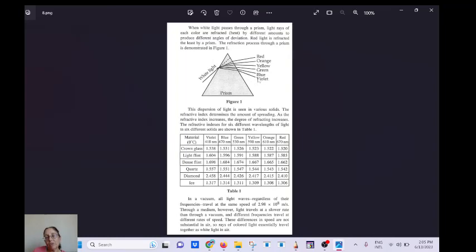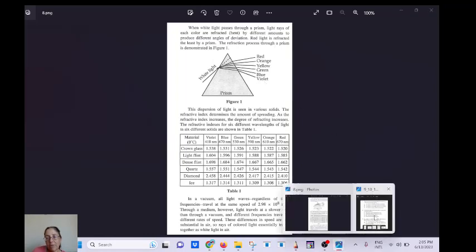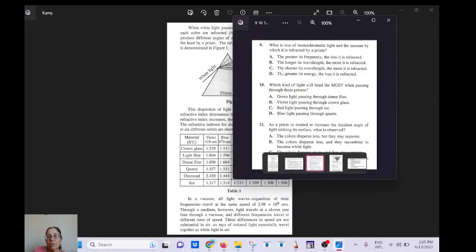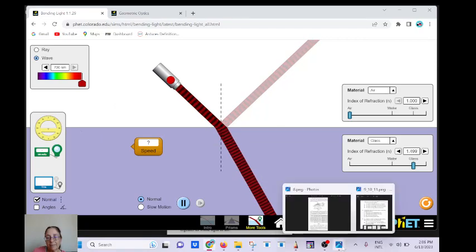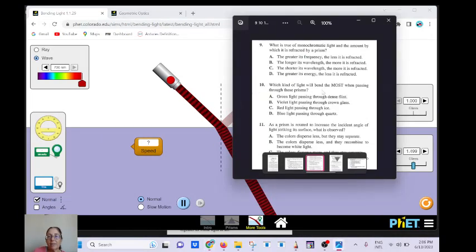And that means the speed of light will get smaller. So the answer will be the shorter its wavelength, the more it's refracted. If you compare blue light or violet, you have a smaller wavelength than red light, and blue will be more refracted than red. So the answer is C.